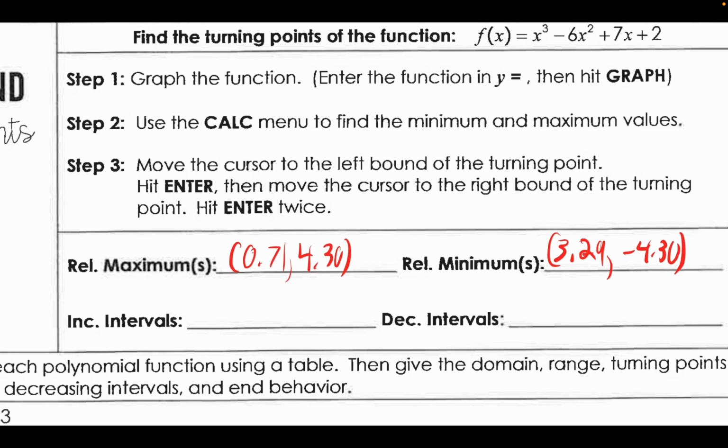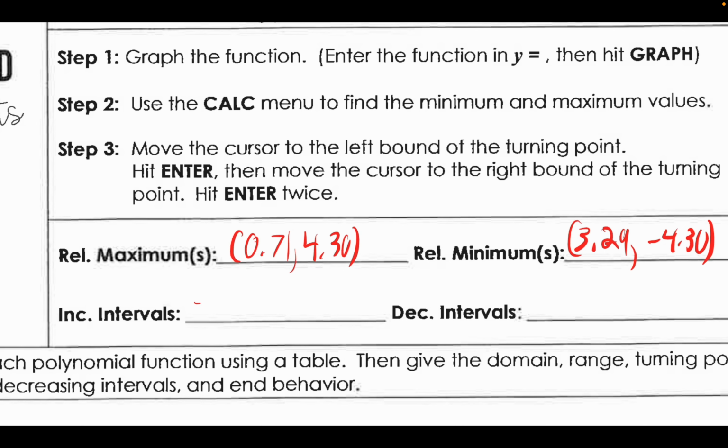So the increasing interval would be from negative infinity, comma, 0.71, which once again defined that first portion of the graph. So this portion I'll highlight in blue.